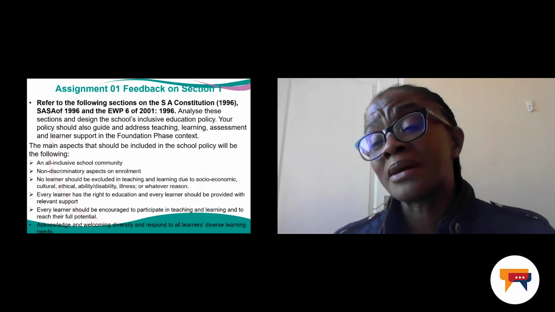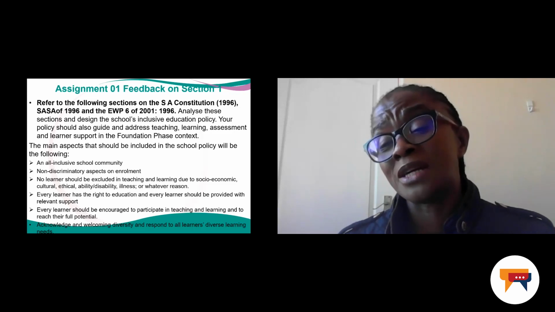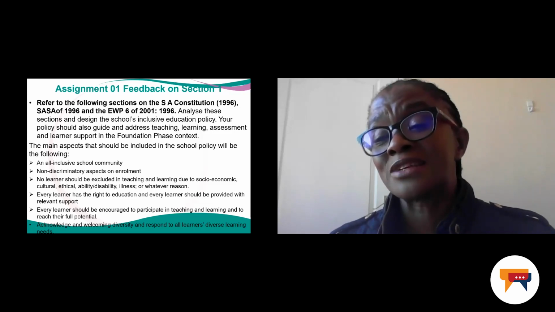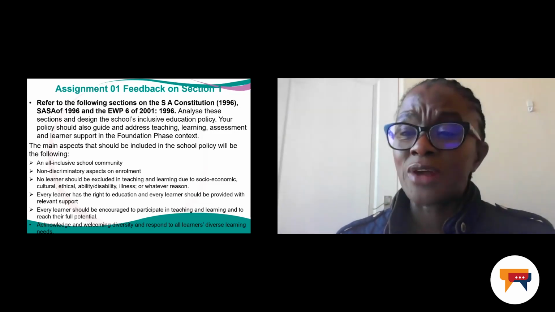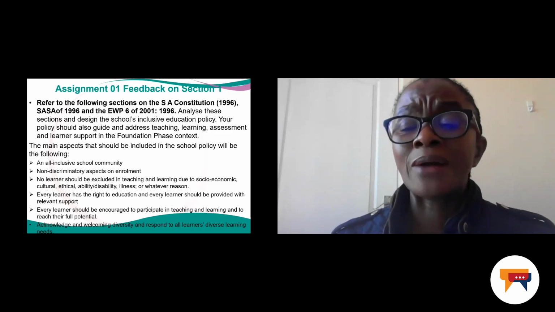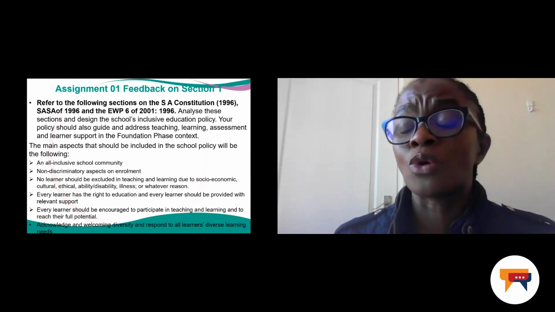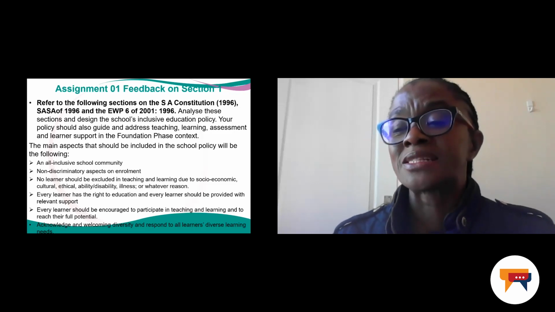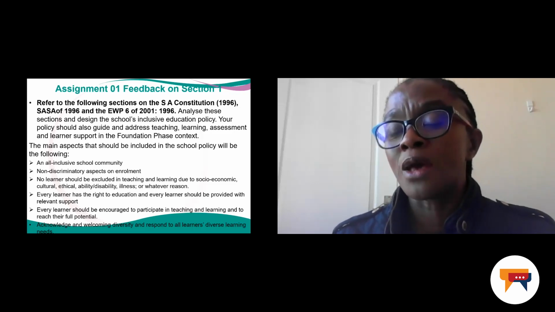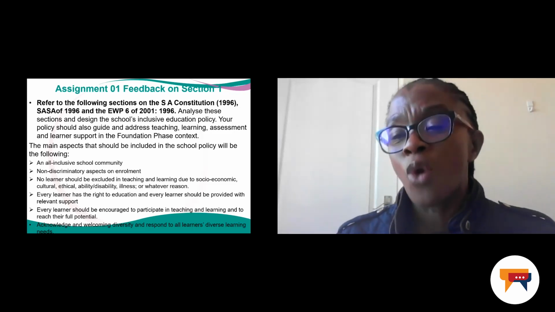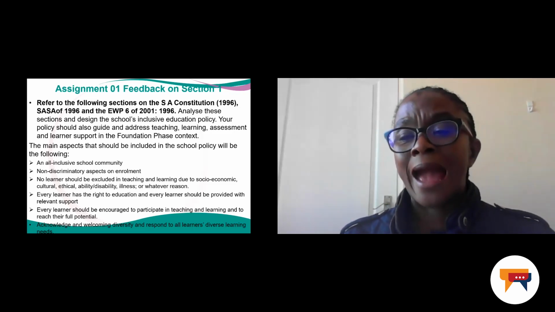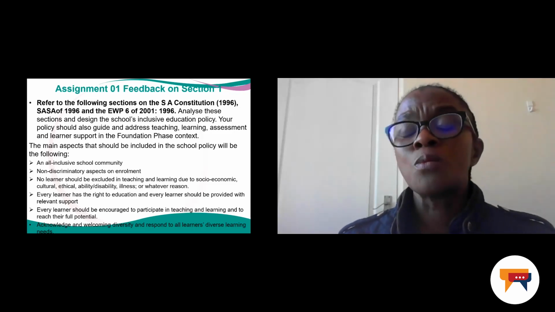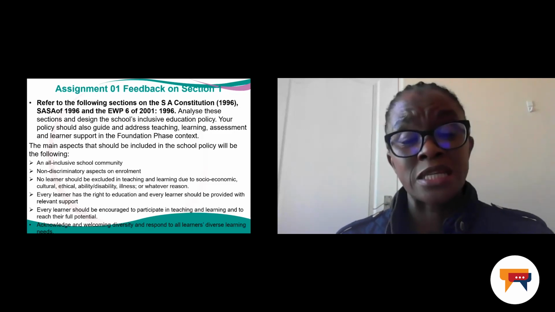Firstly, you have to provide the background, the aim and objectives, and an introduction or executive summary of that policy. Thereafter, you design or develop an inclusive education policy for your school. What should guide you in that was to build an inclusive school community.